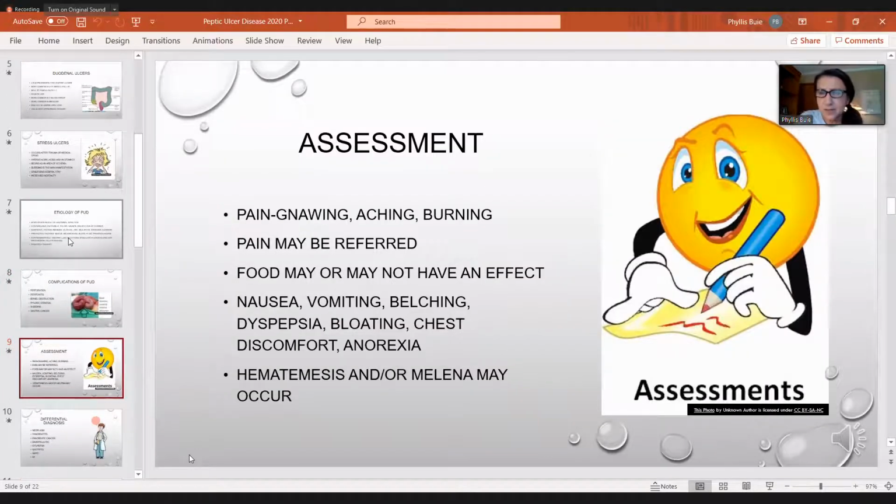Okay. So now let's talk a little bit about assessing our patient. How are we going to assess our patient? What are some things we're going to ask our patients? To rate their pain, tell us where their pain is. We can ask them if they've seen any changes in their bowel movements, any blood in their stool.